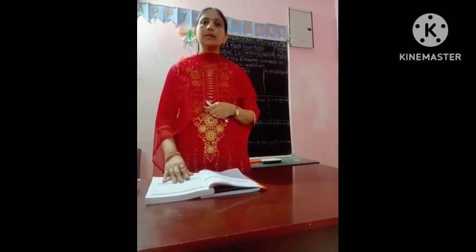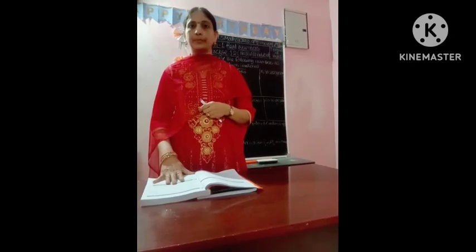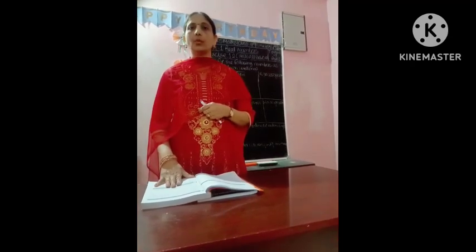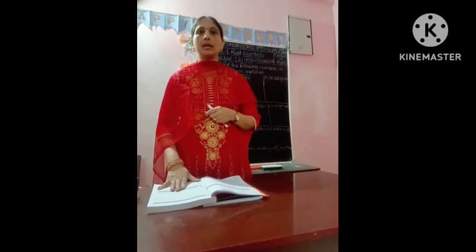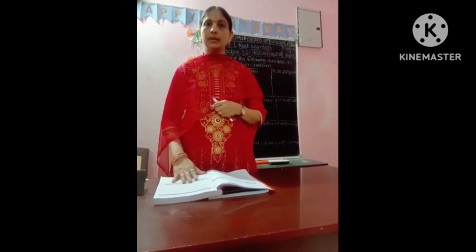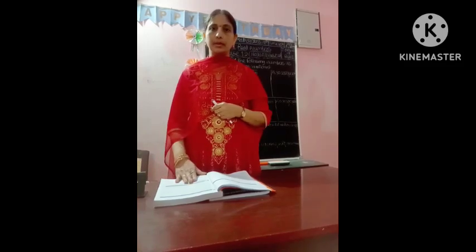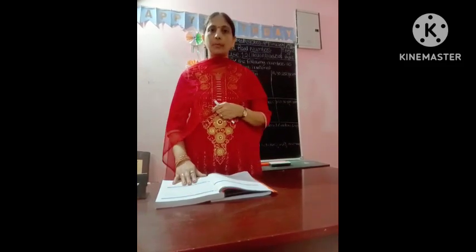Rational numbers include perfect squares like 4, 9, 25, etc. And irrational numbers include surds only, like root 2, root 3, root 5, which cannot be written in fractional form.